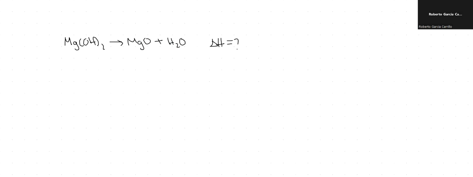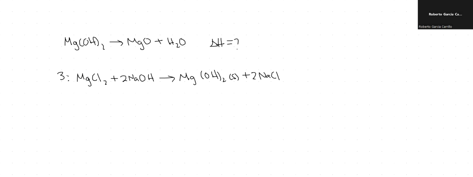For example, reaction 3 from pot number 3 was the magnesium chloride plus sodium hydroxide going to magnesium hydroxide, no, sorry, the solid, plus sodium chloride in solution.